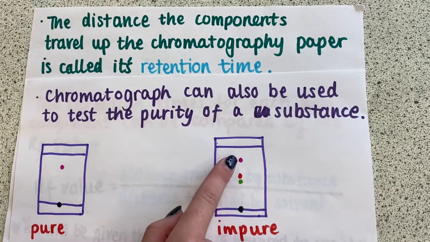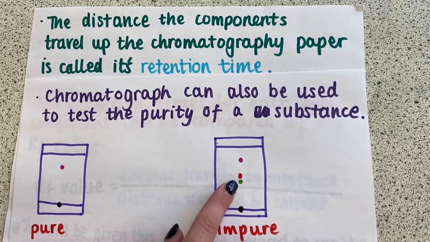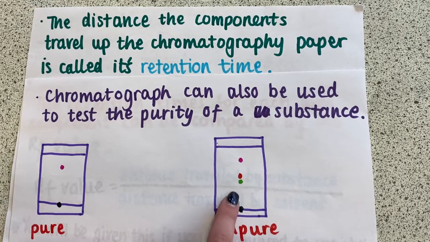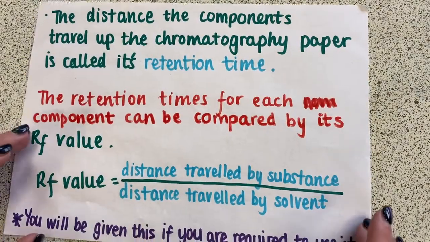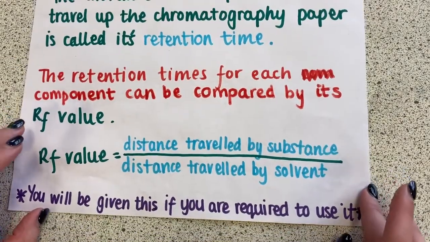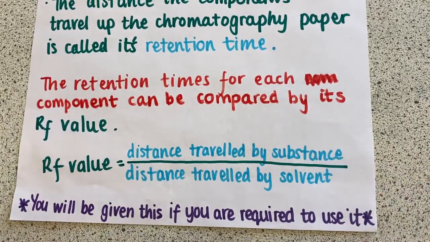This dot here has a higher retention time than this dot here, because it's travelled up further, whereas this one's been dropped off further down. The components can be compared by calculating their RF value.